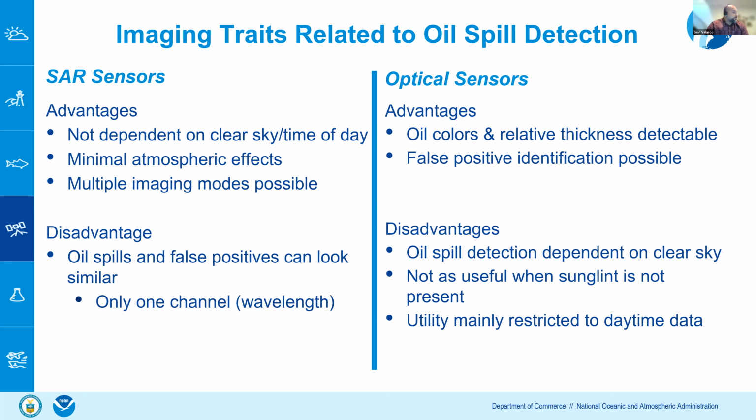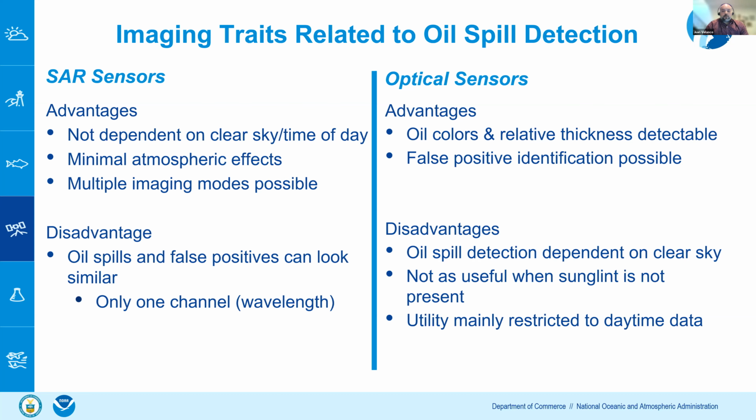Different SAR sensors have different wavelengths, and depending on those wavelengths, they'll allow them to see further through deep cloud cover. And time of day, so it doesn't matter what time of day it is, because oil will be on the surface. It will reflect the signal away from the sensor, and clouds will not be an issue. Also, because of the longer wavelengths, there are minimal atmospheric effects.